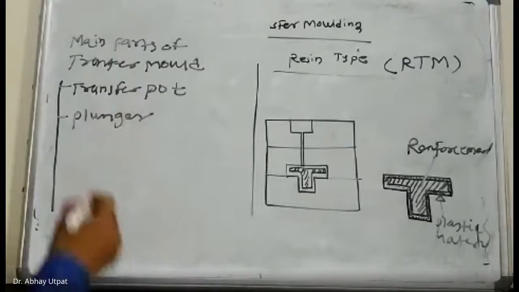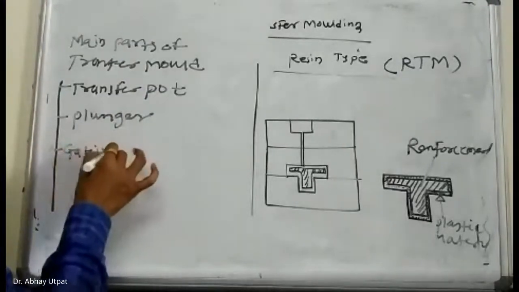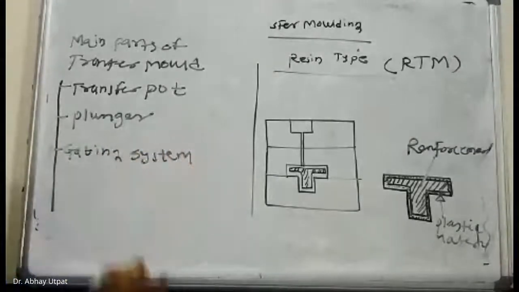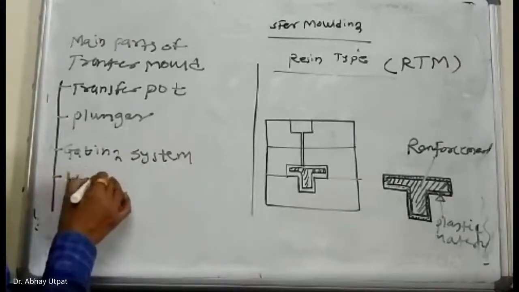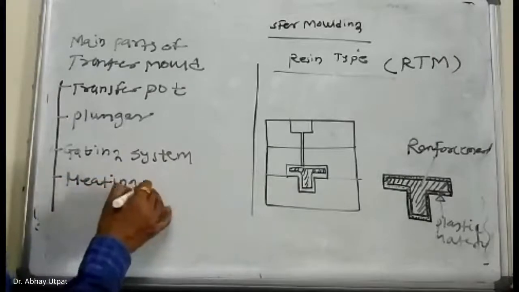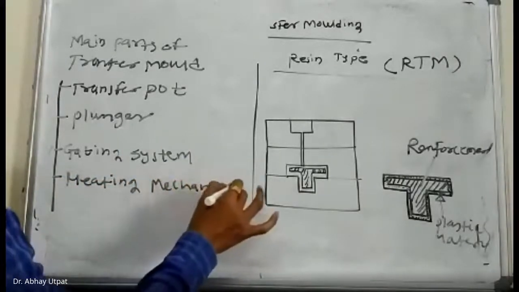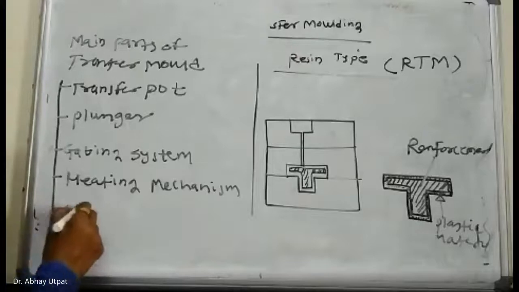Then gating system, then heating system and cooling system. Heating mechanism, I told you, oil, steam or cartridge is used for heating. Then cooling system.